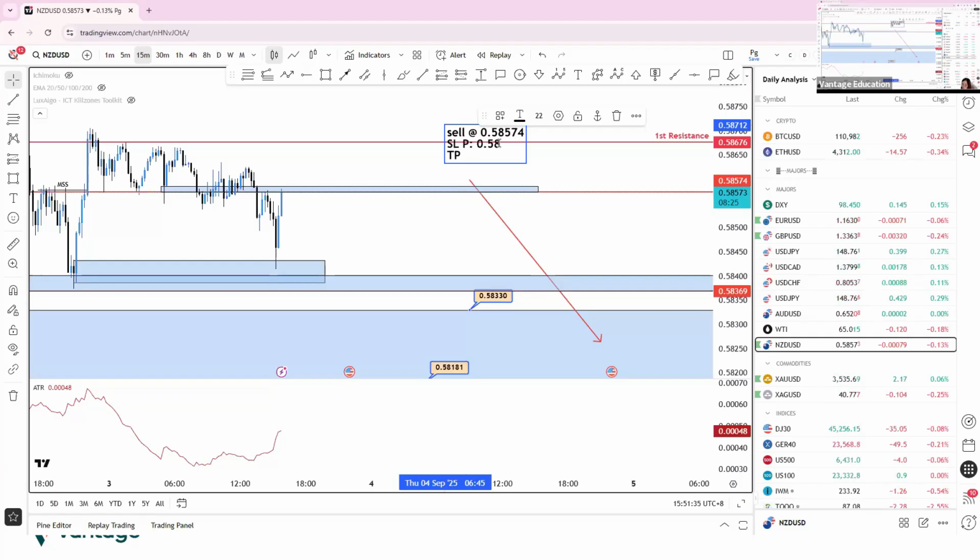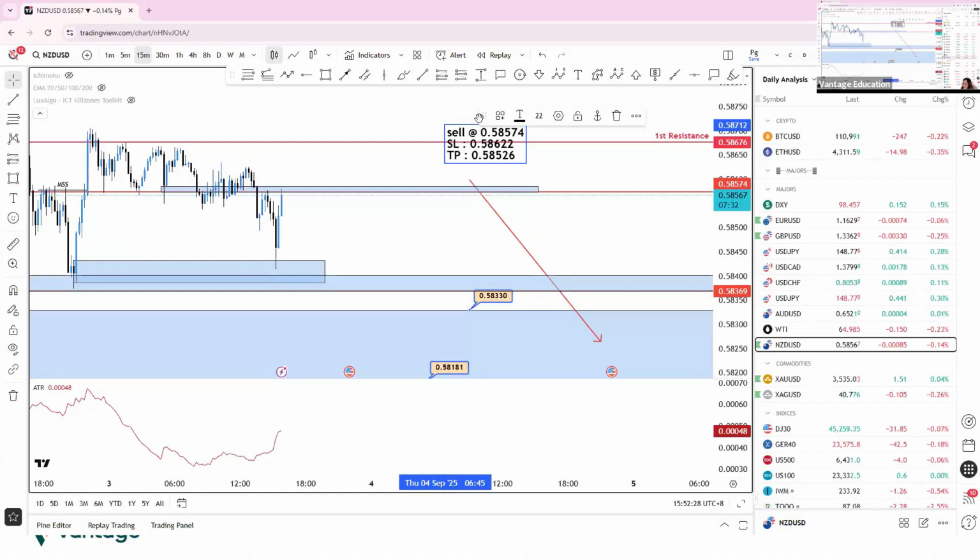No, wait, hang on. 0.5857 plus 0.0030, yeah, that would be 0.5862. Then 0.58574 minus 0.0048, around 0.5826.